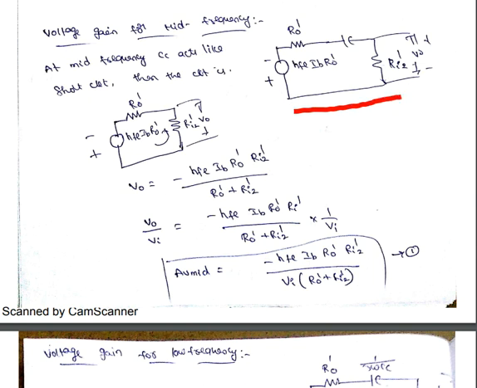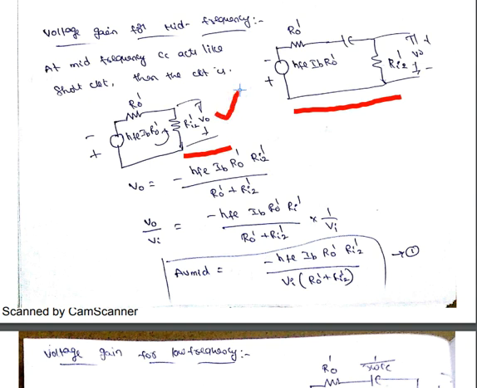At mid frequency, the coupling capacitor acts purely like a short circuit. So CC in the figure is a short circuit, and then we get the equivalent like this. In this figure, to calculate V0, apply the voltage division rule.